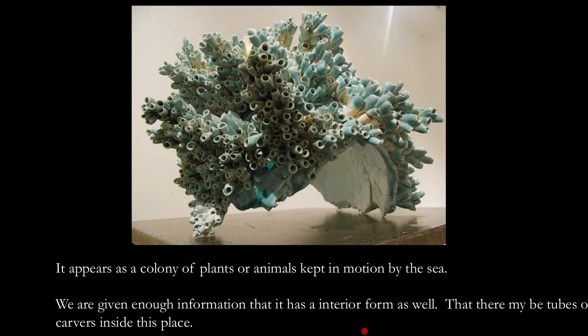There are little tubes in there, and there's an interior form that we may not be able to see, but it's still there. It appears as a colony of plants or animals kept in motion by the sea, right? We are given just enough information to know it has an interior form as well. There might be tube-like structures inside this piece. So that's how we can think about form, and how we can play with form on a couple of different levels.